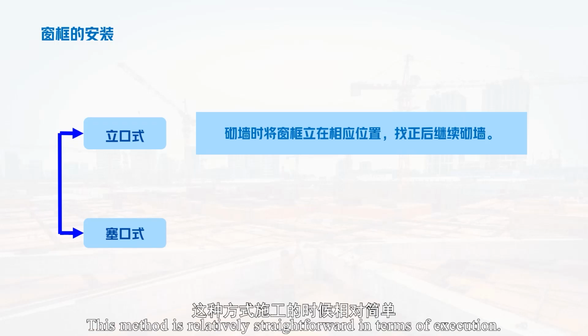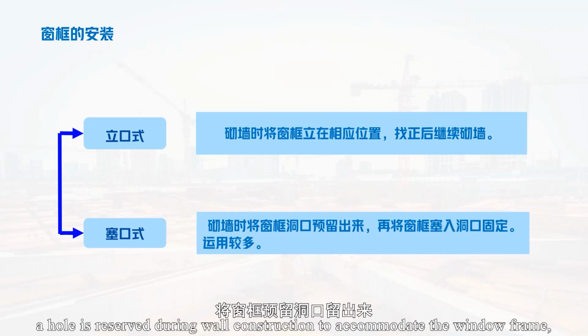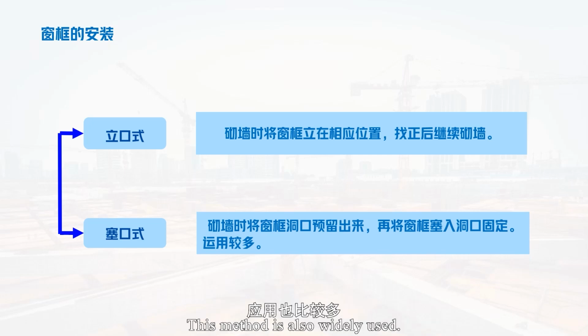This method is relatively straightforward in terms of execution. The second method is the insert method. In this approach, a hole is reserved during wall construction to accommodate the window frame, which is then inserted and fixed into the hole. This method is also widely used.